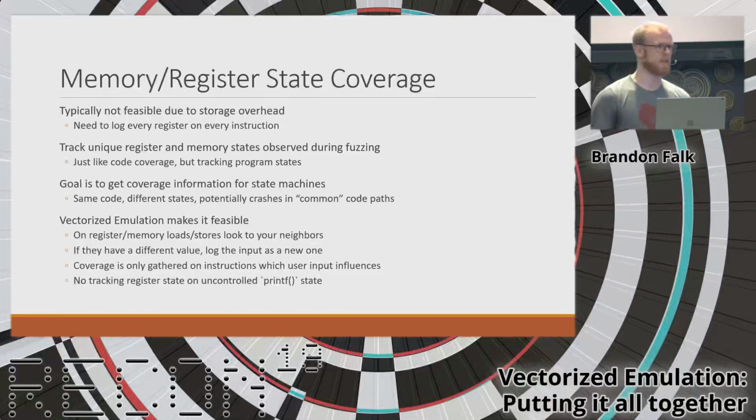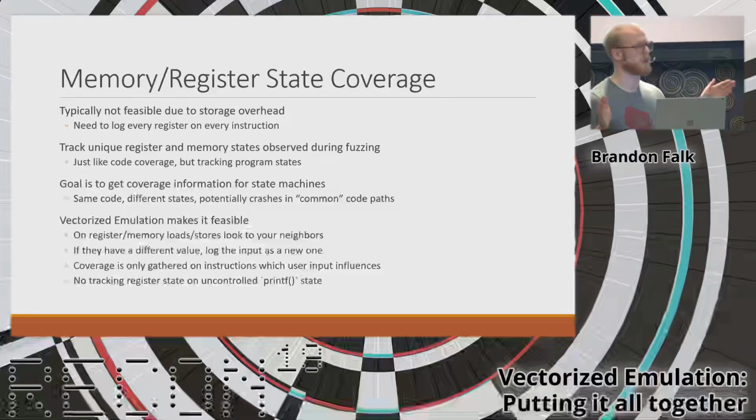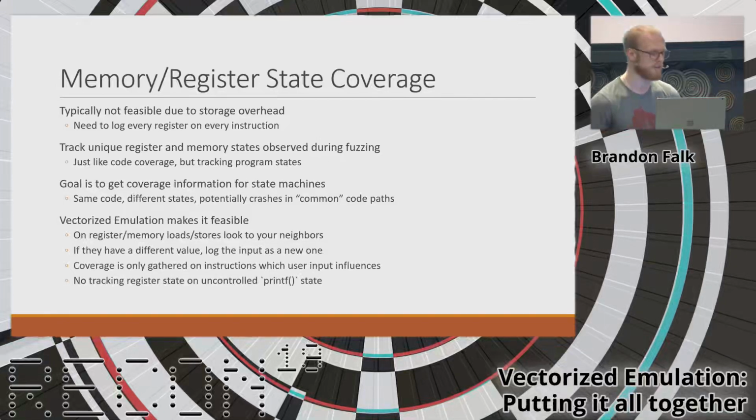If they have different values and the only thing you're changing is the user input, somehow that user input caused that change. So it gives you a crappy kind of taint tracking. It's a lot different because you don't actually know how the flow occurred, but you do know that your user input did cause a register to be different.